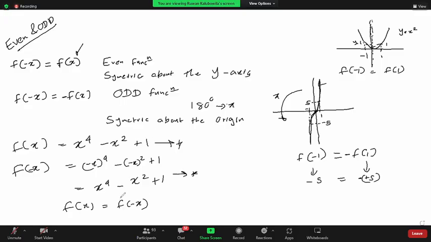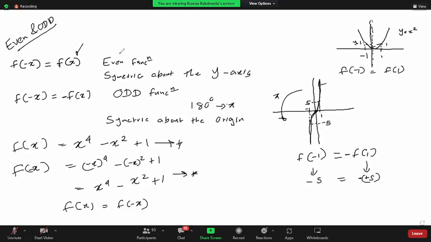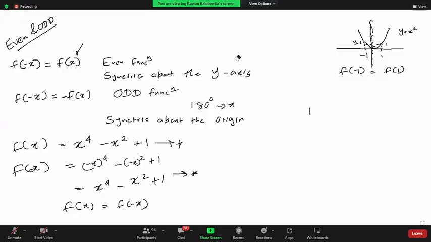So you can simply find out whether a function is even or odd. Now in the odd case, take g(x) = x cubed minus x.